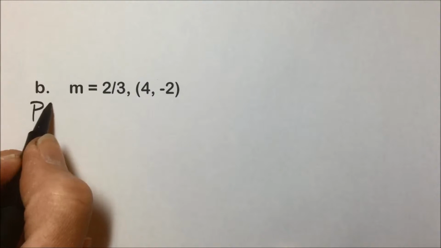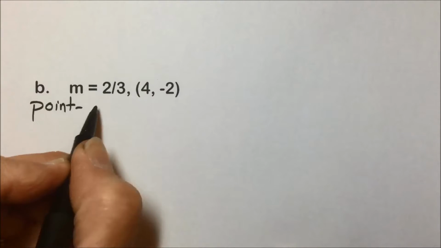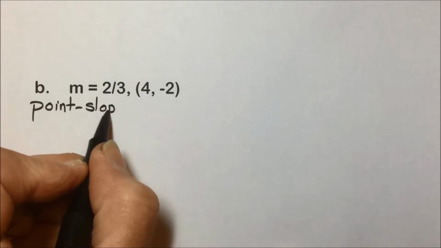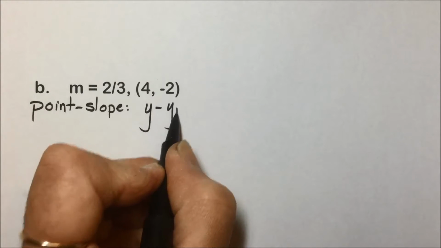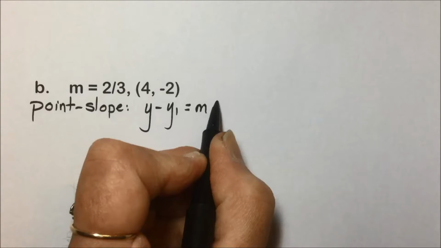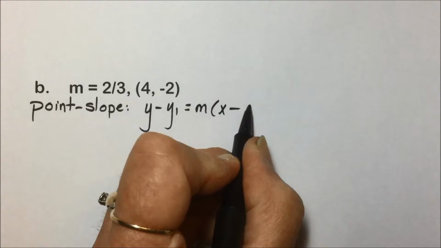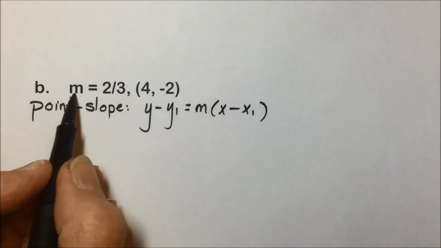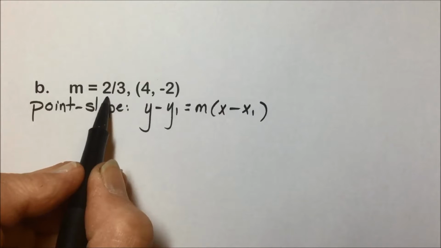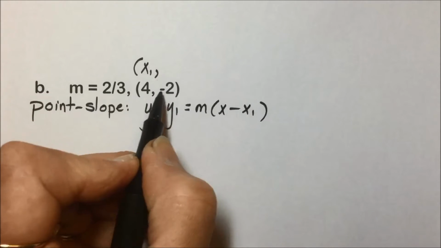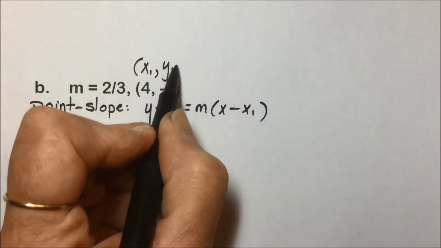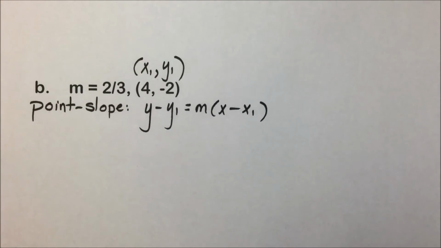The point-slope form of a linear equation is y - y1 = m(x - x1). Here m is 2/3 in this particular problem, and with the given point, we will replace our subscripted variables.